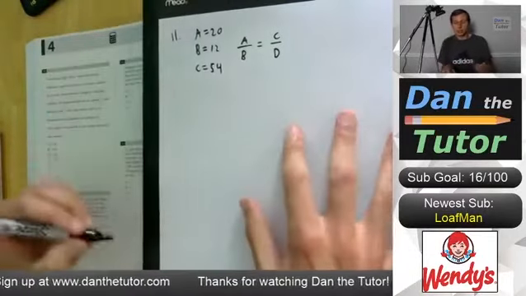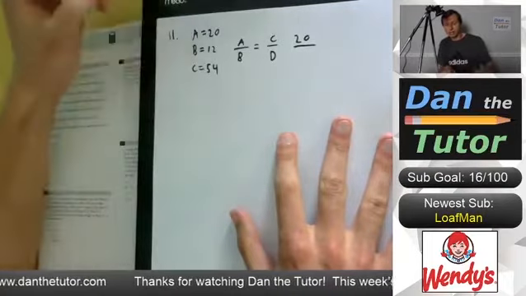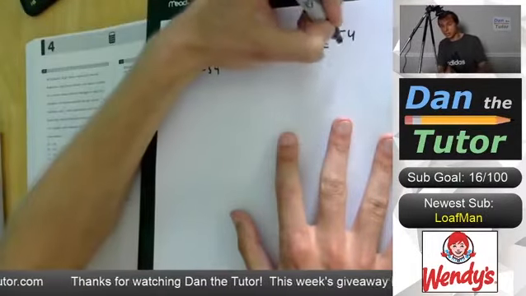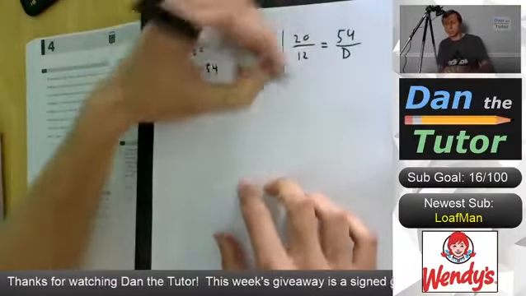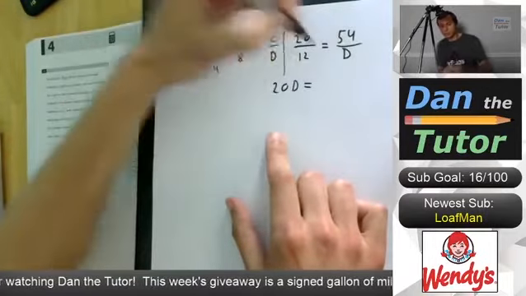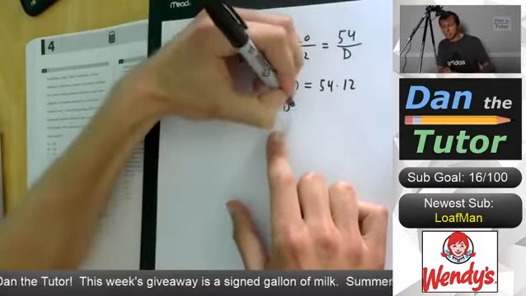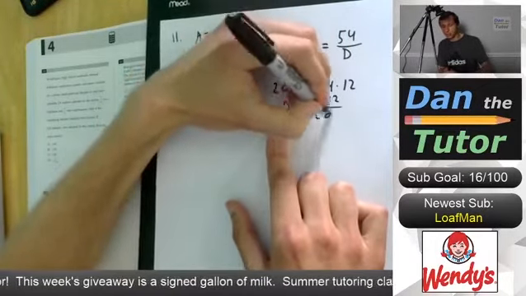So we can literally plug it in here and see what we get. A is 20 divided by B, which is 12, is equal to C, which is 54, divided by whatever D is. And now from here we can just cross multiply. We get 20D is equal to 54 times 12, whatever that is. And then D would then be equal to 54 times 12 divided by 20.